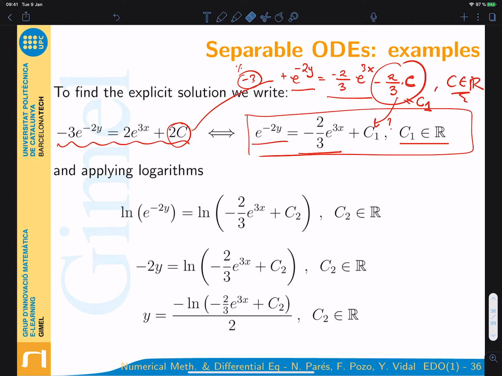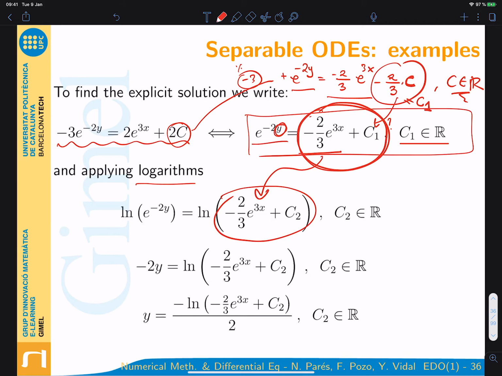now we need to apply logarithms in order to be able to isolate y(t) from this expression. So we apply the natural logarithm on both sides of the equation. So all this expression goes inside the logarithm, okay? And the natural logarithm and the exponential are inverse functions of one another.